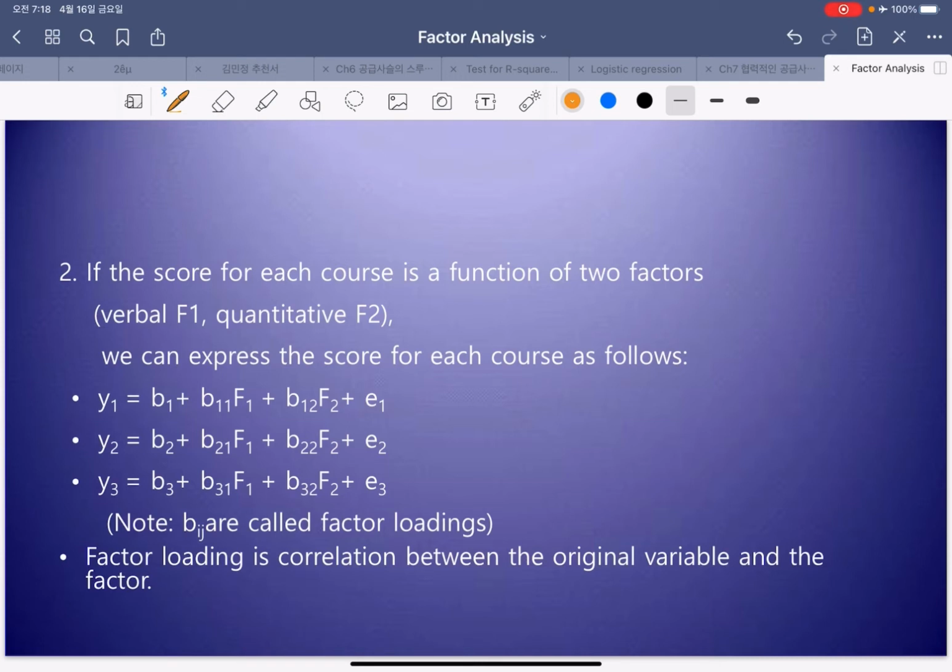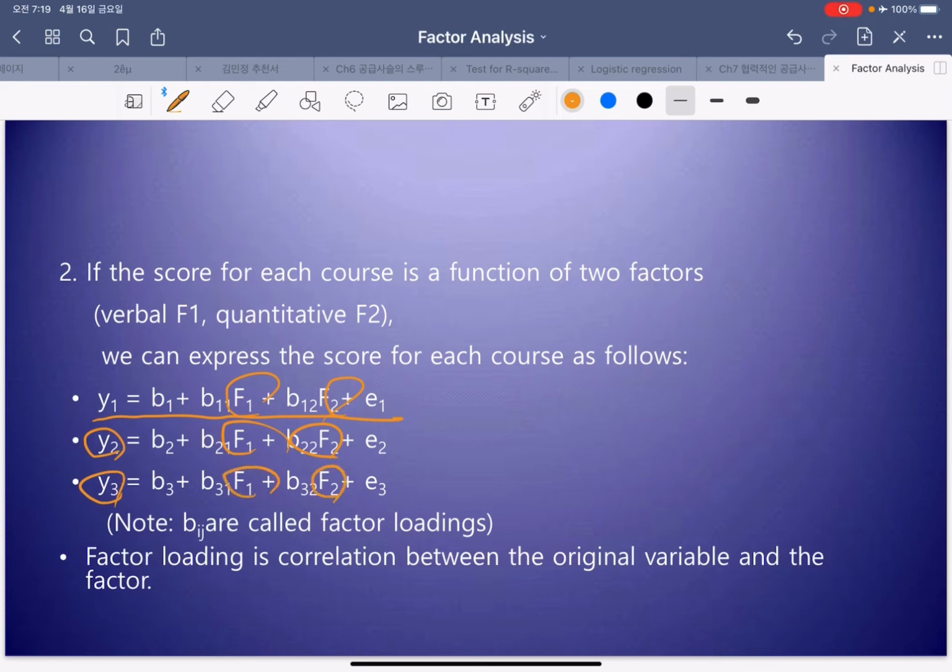So y1 is finance, and y1 is a function of two factors, and y2 is marketing. Also, marketing is a function of two factors. And the last one, the HRM, is also a function of two factors, right?